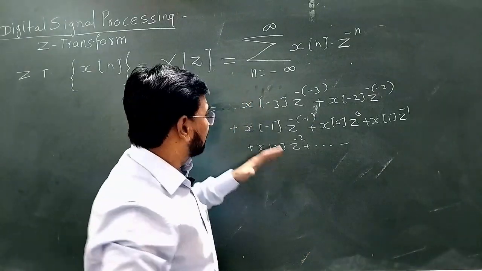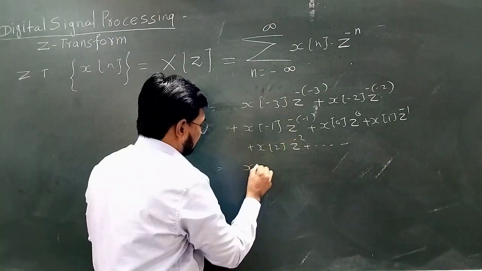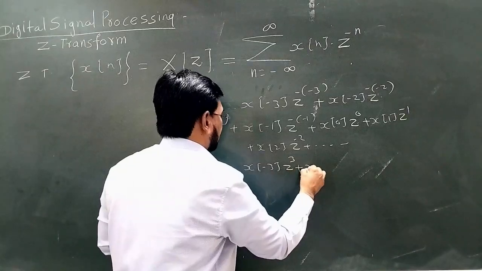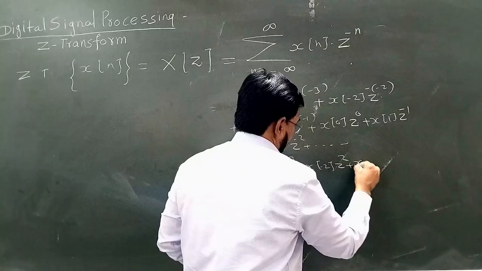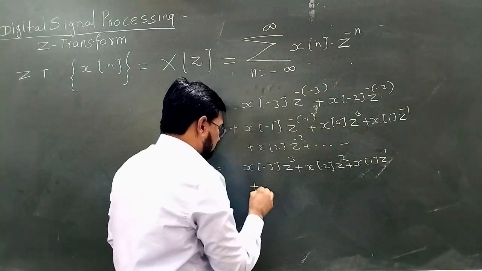Now, what happens here? It is minus minus plus. So, x of minus 3 z raised to plus 3, x of minus 2 z raised to plus 2, x of minus 1 z raised to plus 1, and z raised to 0 is 1.